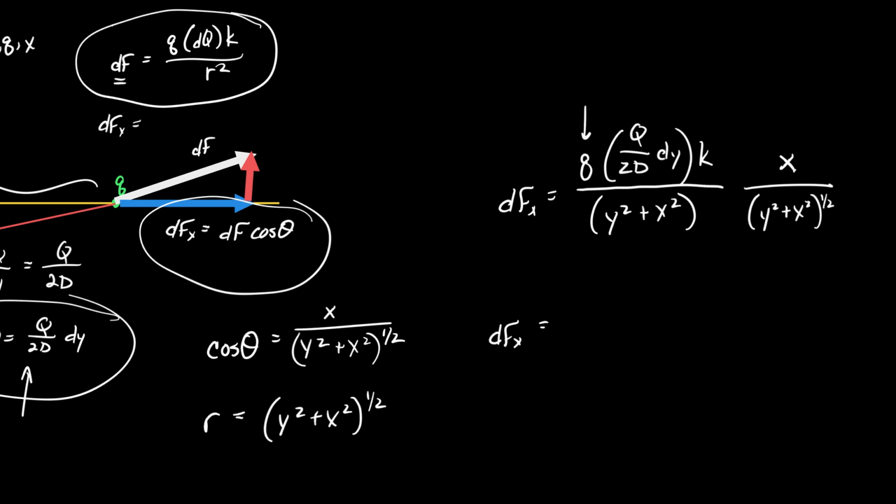No. Does capital Q depend on y? No. Does dy depend on y? Yeah. Does k depend on y? Does x depend on y? No. Does 2d depend on y?